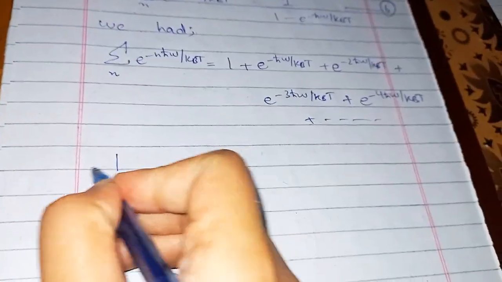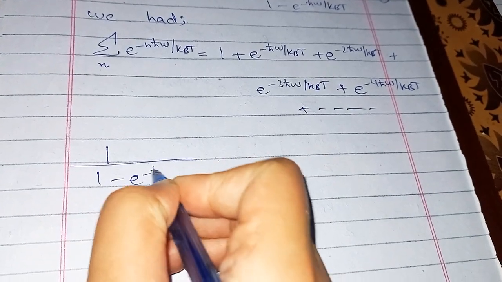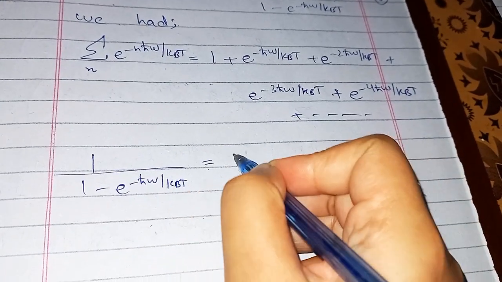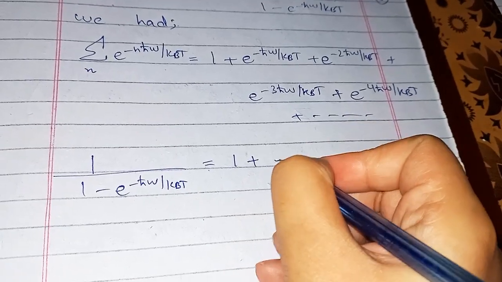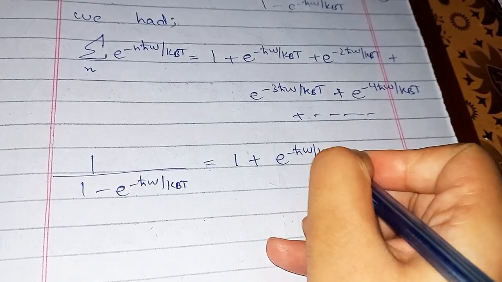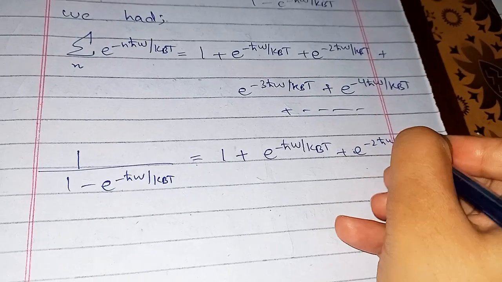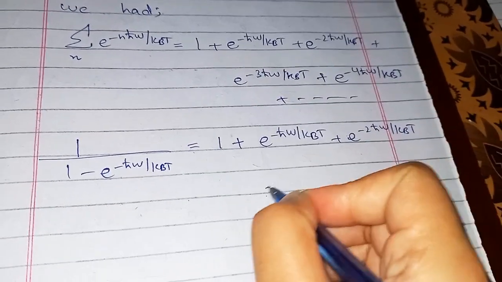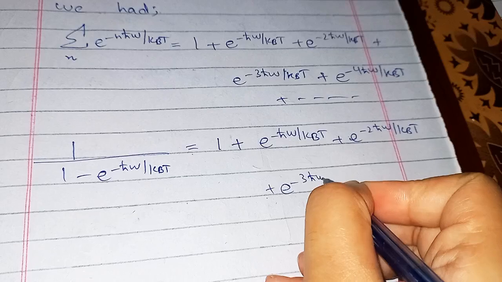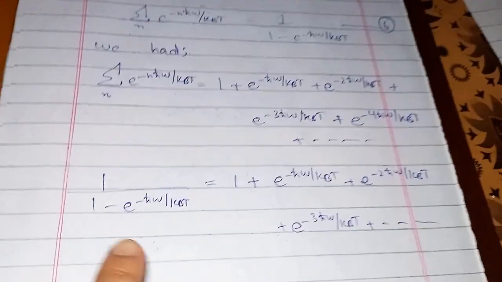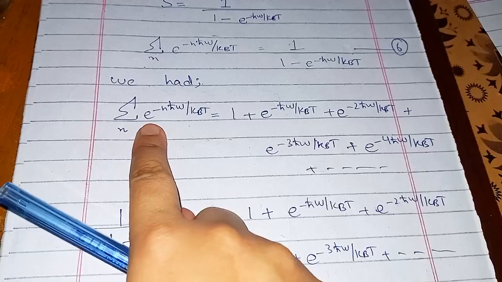So we can write 1 over 1 minus e to the power minus h square omega by kBT equals 1 plus e to the power minus h square omega by kBT plus e to the power minus 2h square omega by kBT plus e to the power minus 3h square omega by kBT and so on. We can write it because this summation is equal to this.